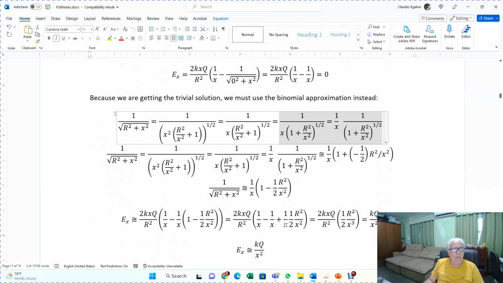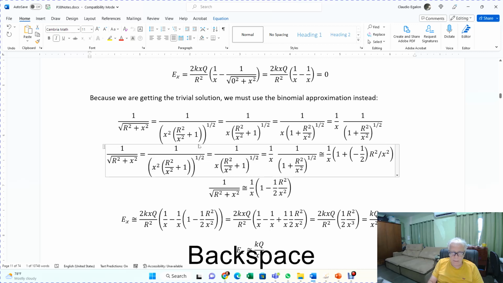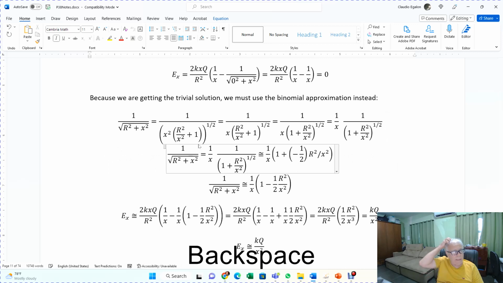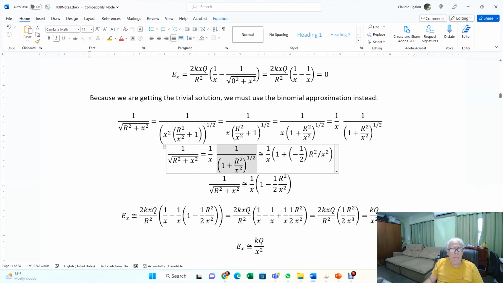And now we finally can write this term here as an approximation using the binomial expansion. What's the binomial expansion?